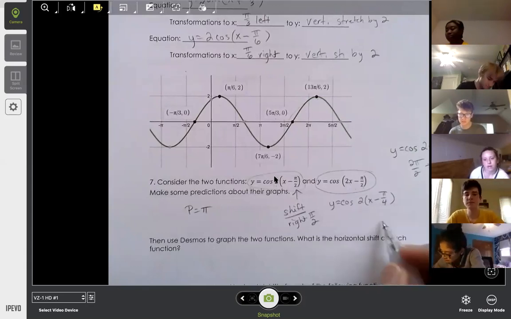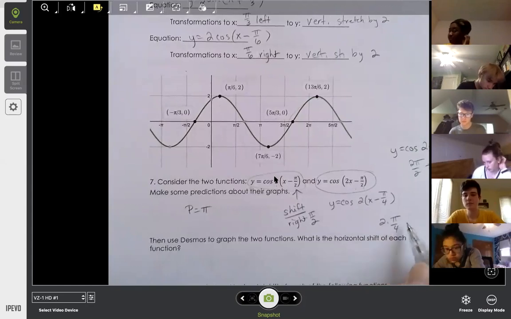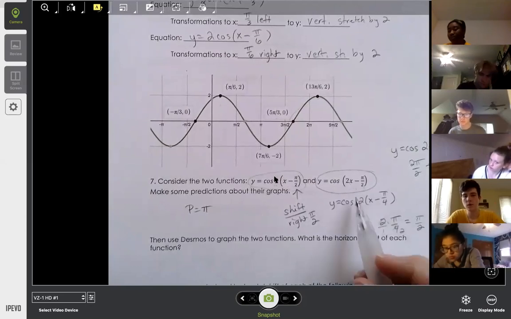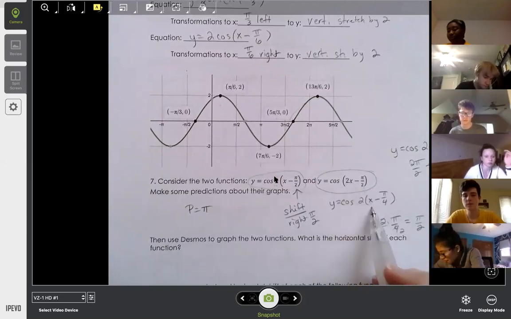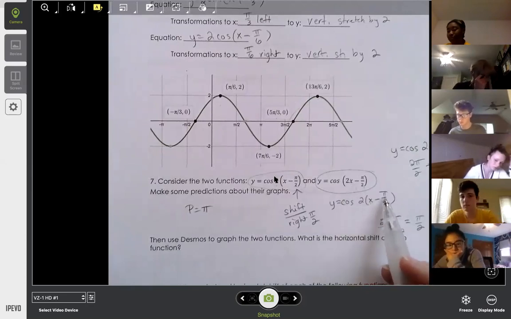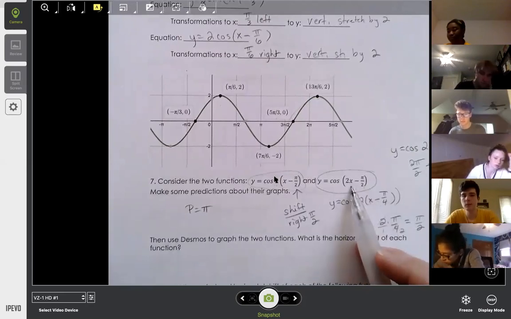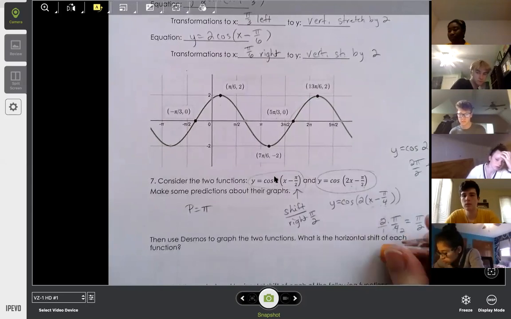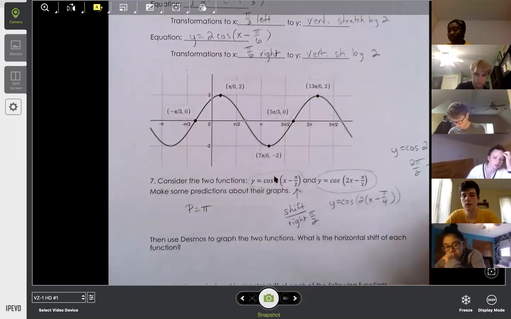What's 2 times pi over 4, folks? Pi over 2. So if I factor this out, these are equivalent statements because this gives me 2x minus pi over 2. And yeah, the shift was pi over 4. So if it's not in a factored form, if I can put it in a factored form, then this tells me the shift. Okay?